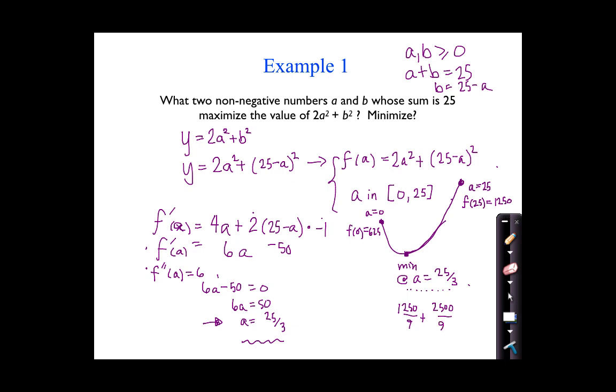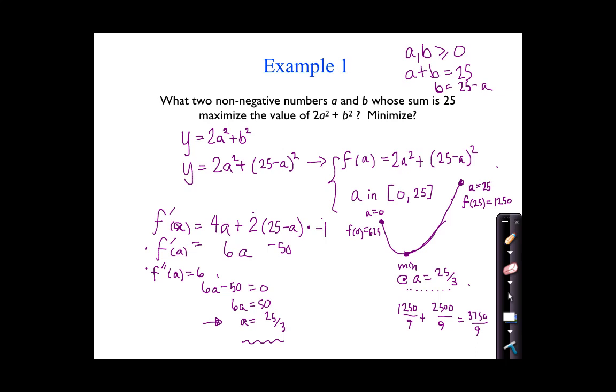So whatever on earth that is, 3750 over 9. Which is definitely smaller. It's around 400 or something. 9 goes into 37 4 times and 150, whatever.